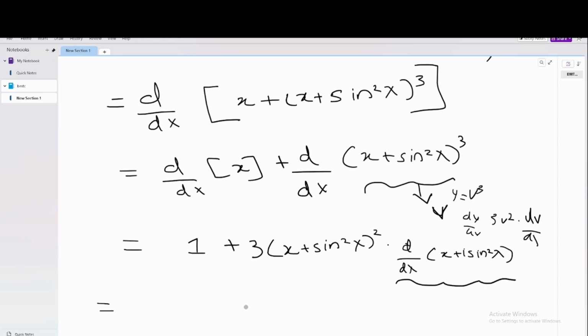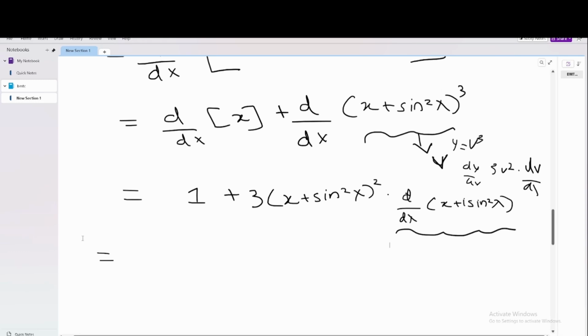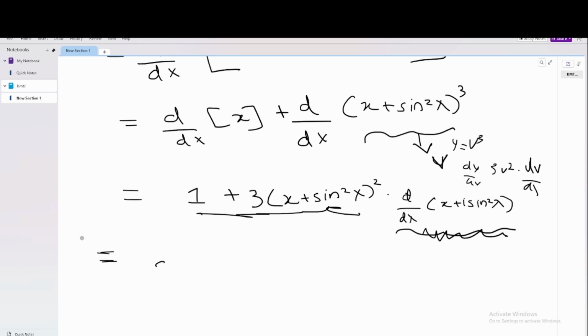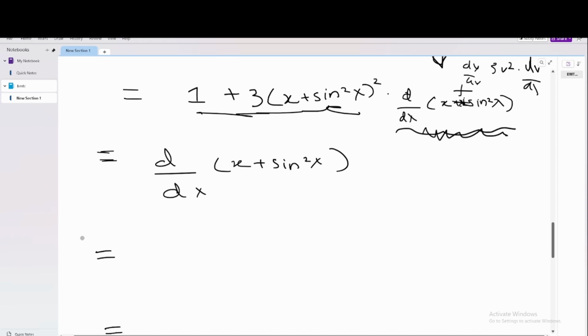So we take this term: d by dx of x is equal to 1, plus d by dx of sine square x.